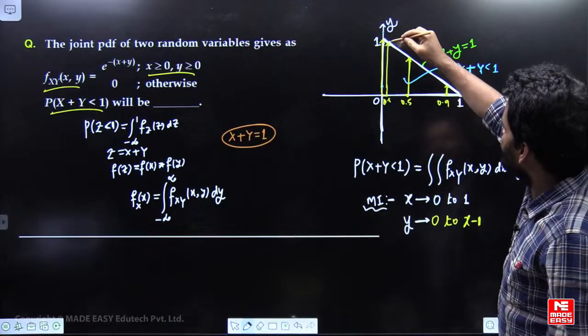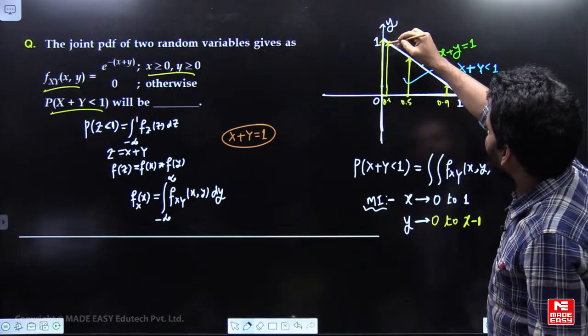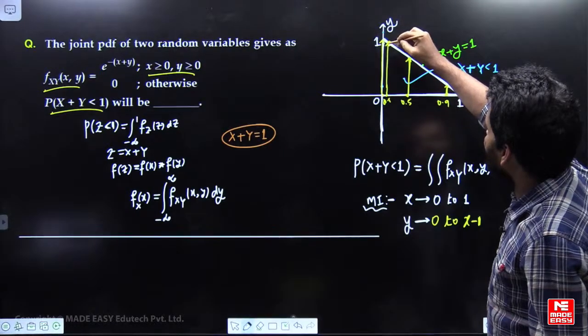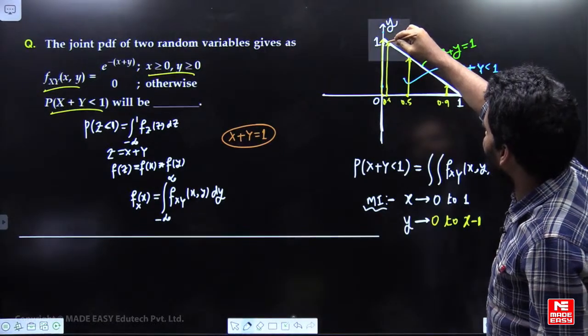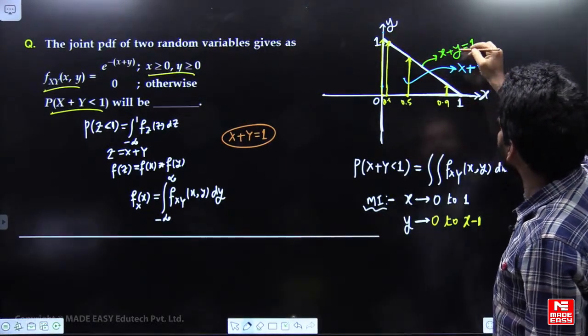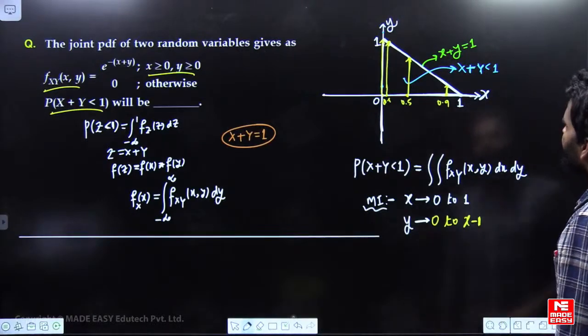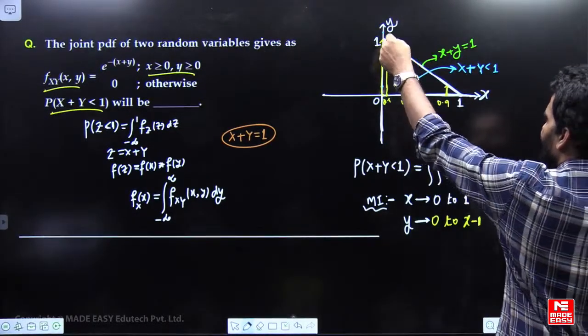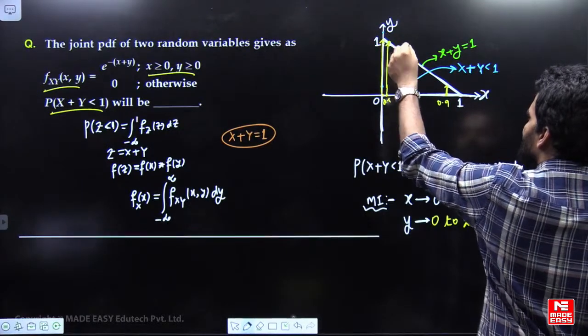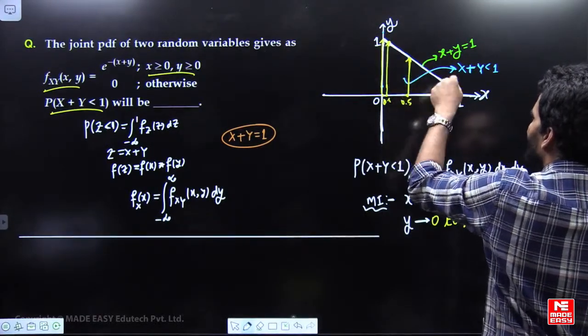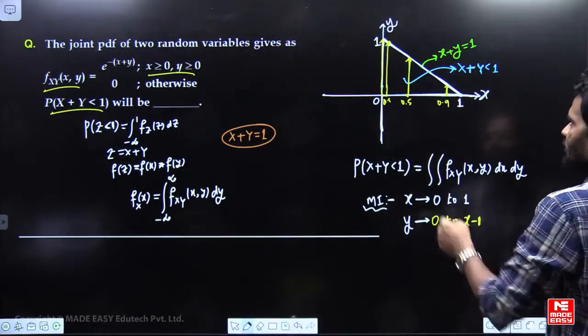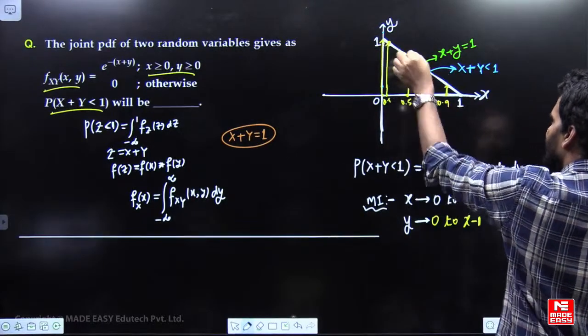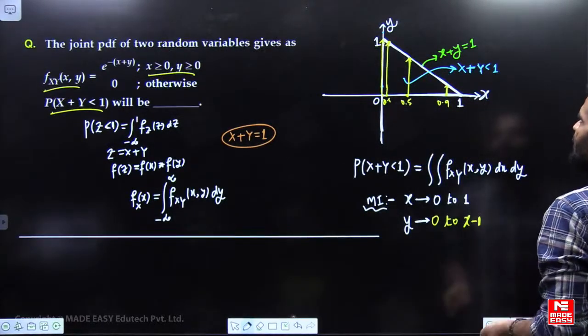So what is this point? Corresponding to this point, what is the y value? Corresponding to this line, x plus y is equal to 1. On any point on this line, if you see the y value, that y value is going to be 1 minus x only.